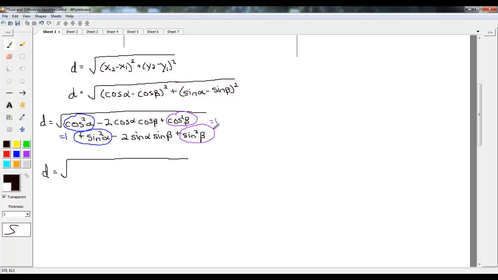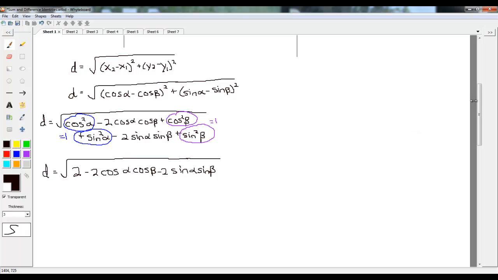So you have 1 plus 1, which is 2, and then you have the minus 2 cosine alpha cosine beta and the minus 2 sine alpha sine beta. And that's as far as we can take that right now.